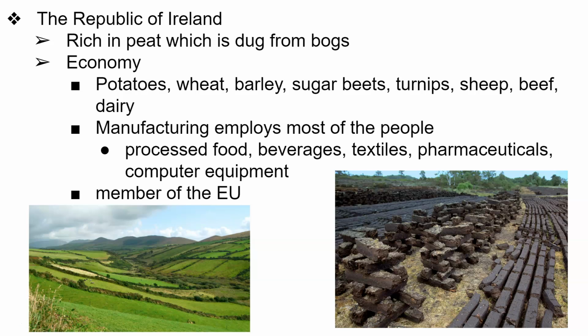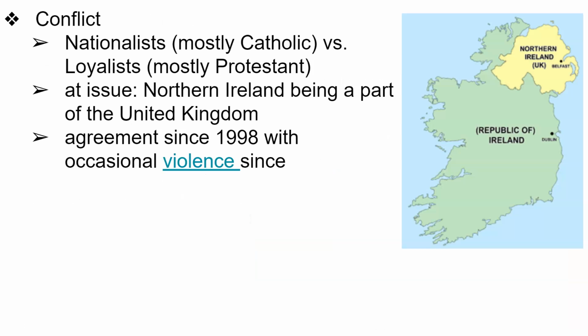Processed food, beverages, textiles, as well as pharmaceuticals and computer equipment typically are your areas that employ the most people. Ireland is also a part of the EU, and certainly one of the things that needed to be negotiated when Brexit did occur was this border between Northern Ireland and Ireland. And certainly there is a very distinct history here.